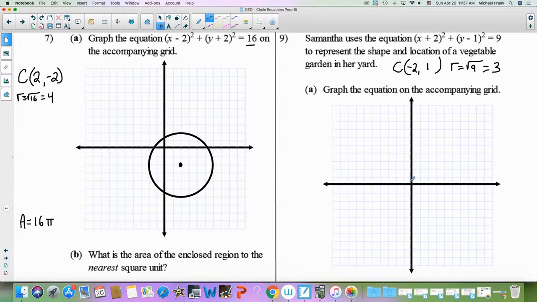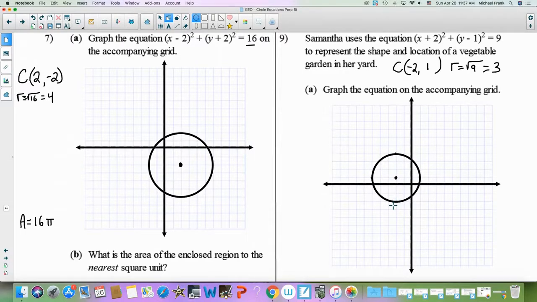So I'm going to find the center of my circle, which is negative 2, positive 1. And then from there, up 3, down 3, left 3, right 3. Go to my circle, put the pointer at the center, open up to the radius. And there you have it.